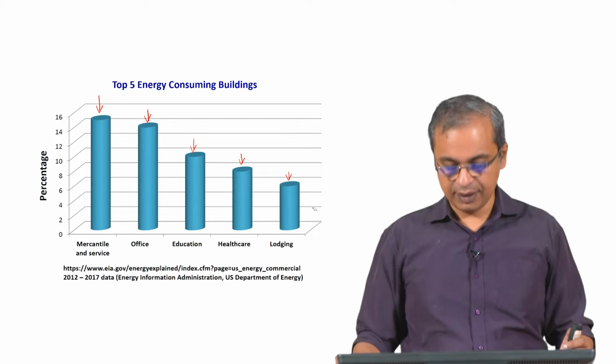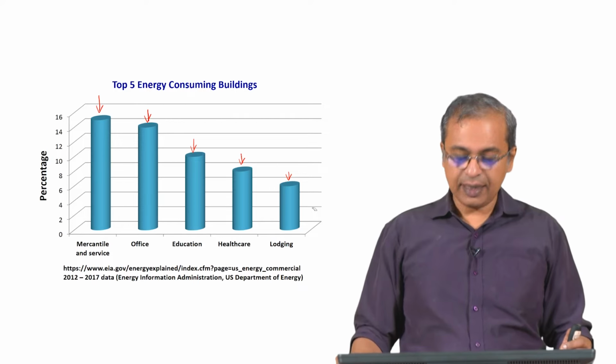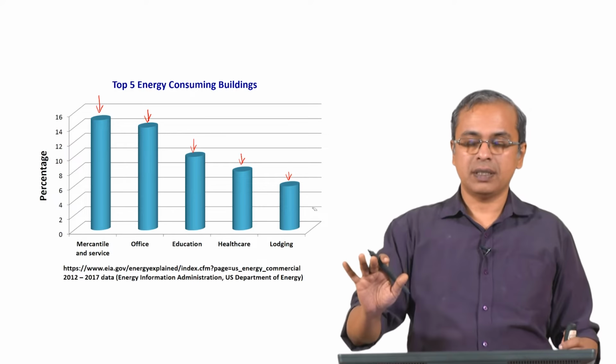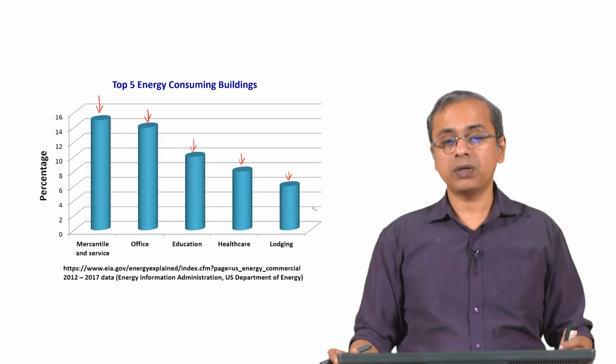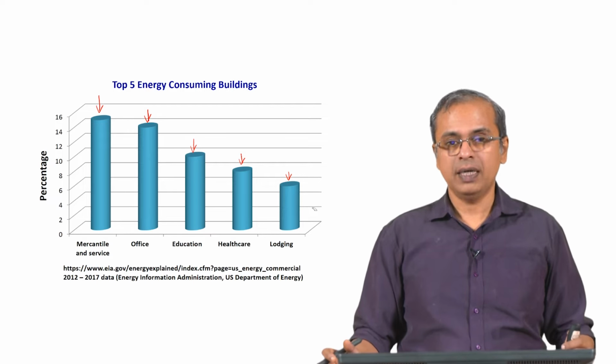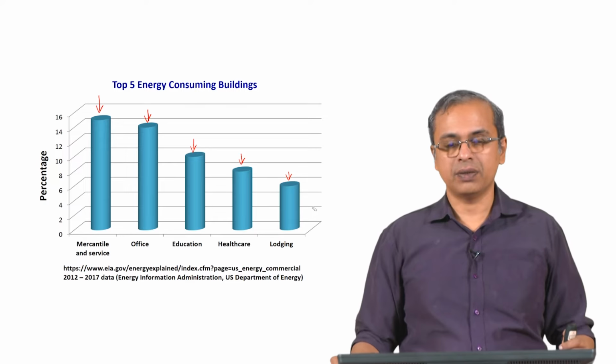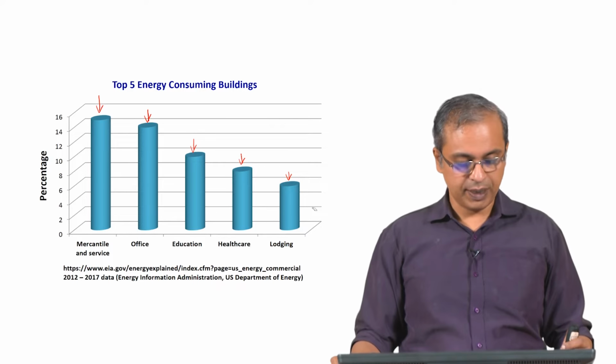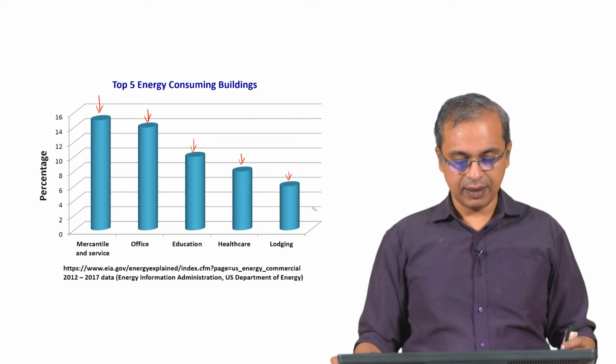That is the next sector. So, this is the split of energy across buildings that we tend to commonly visit or use, and this forms the services sector, so to speak, for the energy consumption.